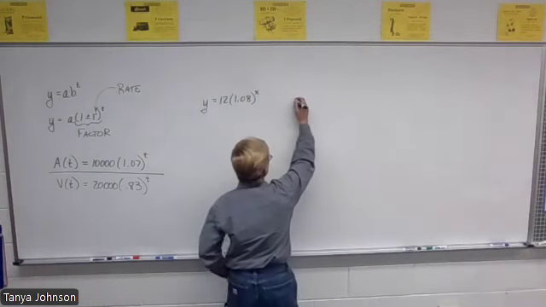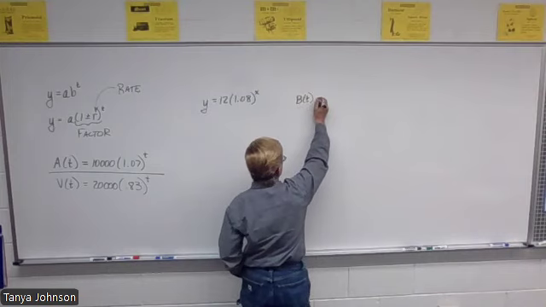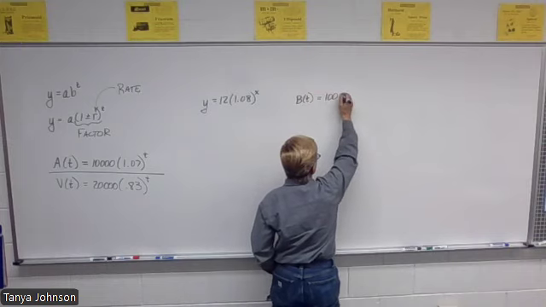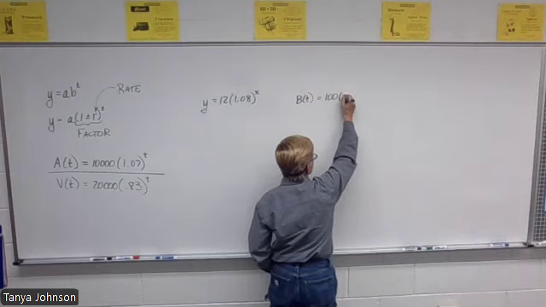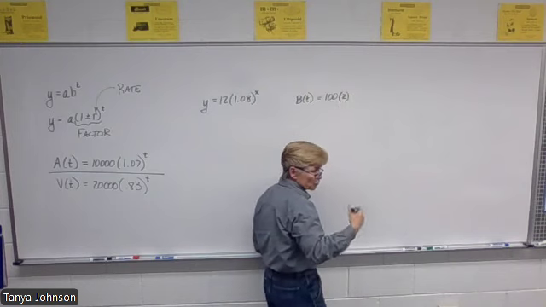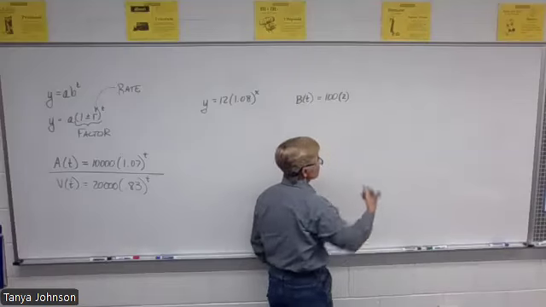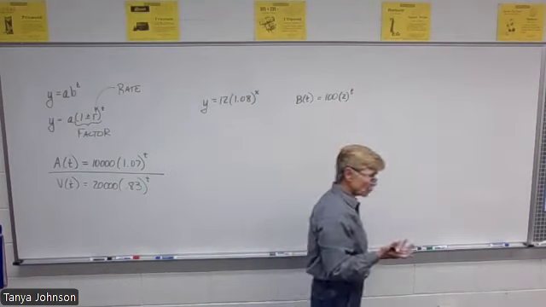It's going to be the amount of bacteria as a function of time, that's what I'm going to write, is equal to 100. How do we indicate the doubling? And the answer is we're going to multiply by 2 every hour. That's your factor used over and over and over is 2. Does that make sense? To the t. So there's our model.